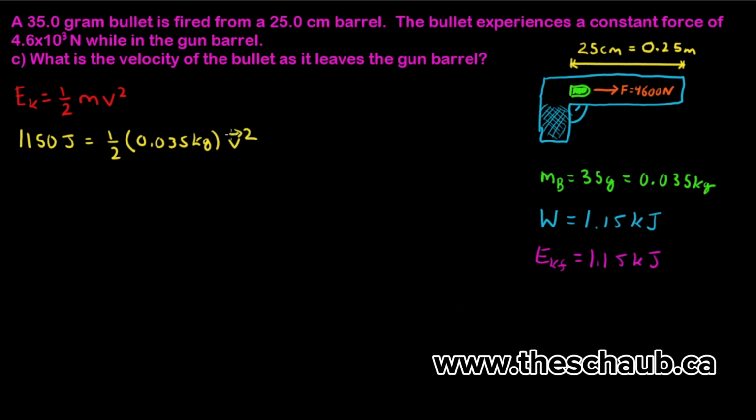I'm just going to add a vector sign right now, so I don't forget to give this a direction in the end. 1/2 multiplied by 0.035 kilograms gives 0.0175 kilograms, and this is still multiplied by our velocity squared and equal to our 1,150 joules. To get our value for the velocity squared all alone, we divide both sides by 0.0175 kilograms.